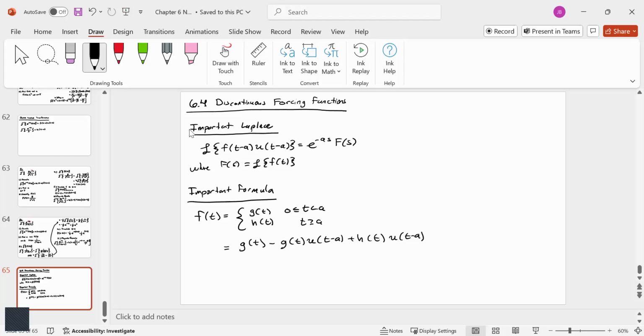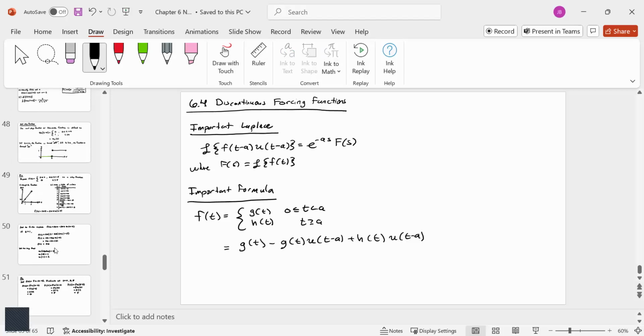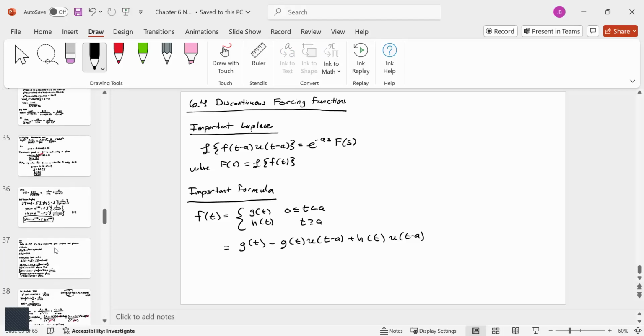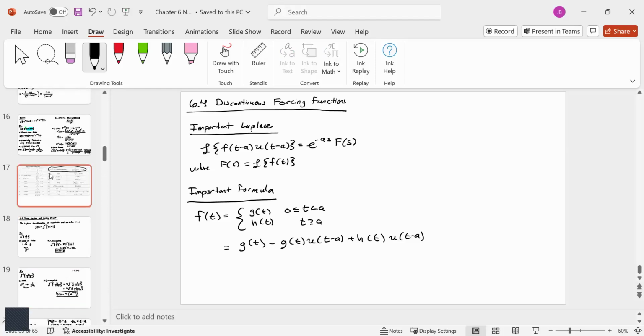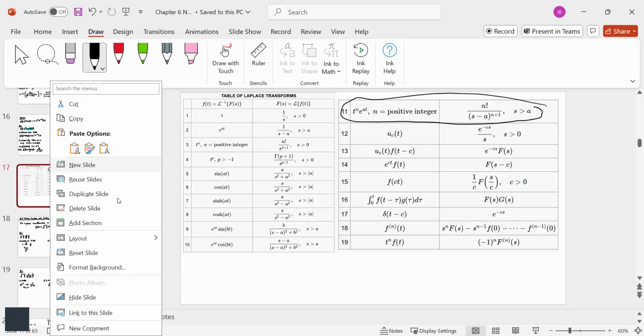But of course, you always want to remember that the Laplace transformation table is still in play. We can use that at any point during this because we're not restricted to a certain amount of functions. And partial fraction decomposition is also allowed at any point depending on the problem.